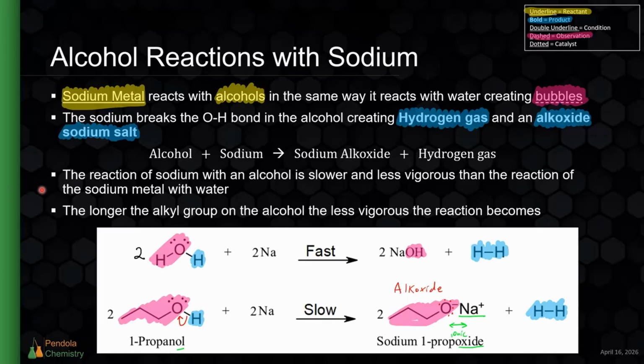So this reaction at the top will be faster. Let me write that down here. Whereas this reaction at the bottom will be slower. And that's due to the alcohol's alkyl chain, not carbonyl. The alcohol's carbon chain. The longer the alkyl chain of that alcohol, the less vigorous the reaction becomes.